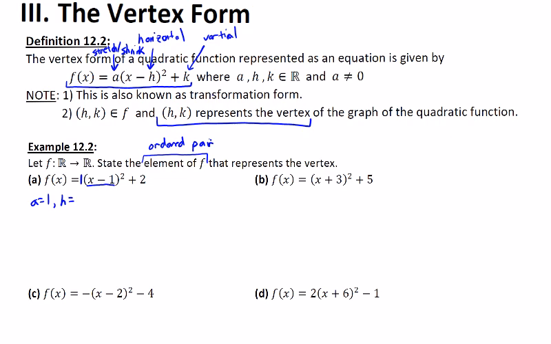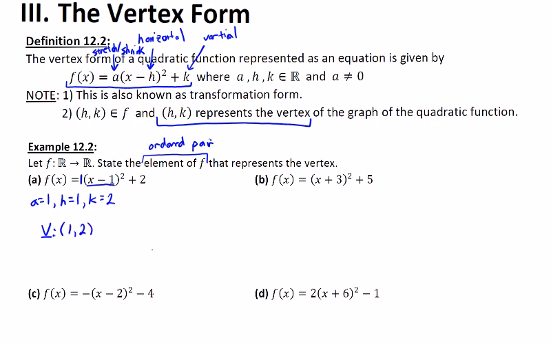So that means h is a positive 1. Plus 2 at the end tells me that k would have to be equal to 2. So for the vertex, I'll abbreviate that with capital V. The vertex is going to be located at 1 comma 2.